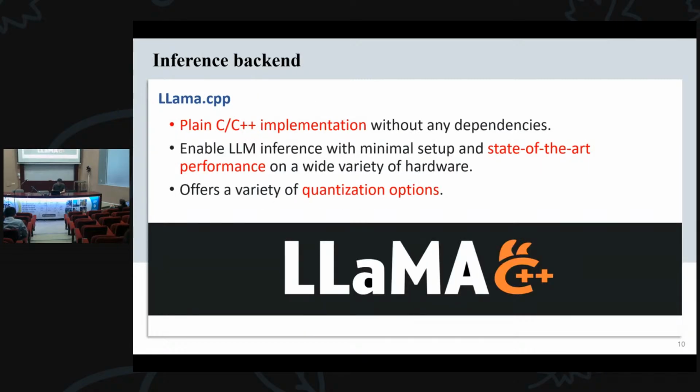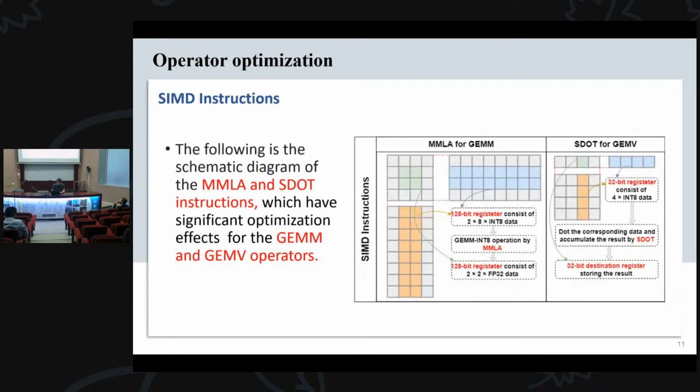Besides, llama.cpp is used as the inference backend. llama.cpp not only simplifies the setup but also delivers state-of-the-art performance, offering a range of optimizations to cater to varying hardware requirements and resource constraints. For the ARM CPU, we also employ SIMD instructions, which are mainly used for parallel computing.